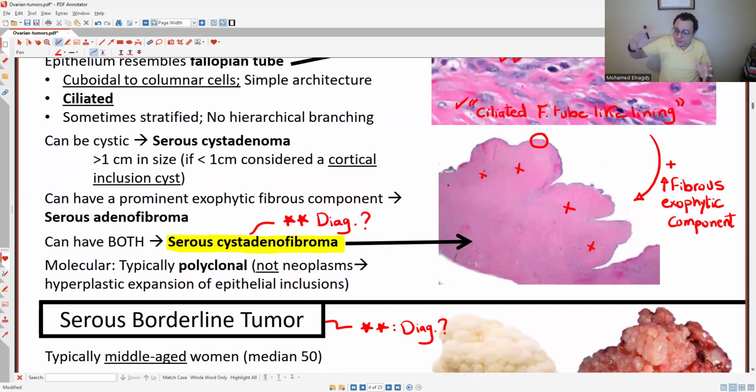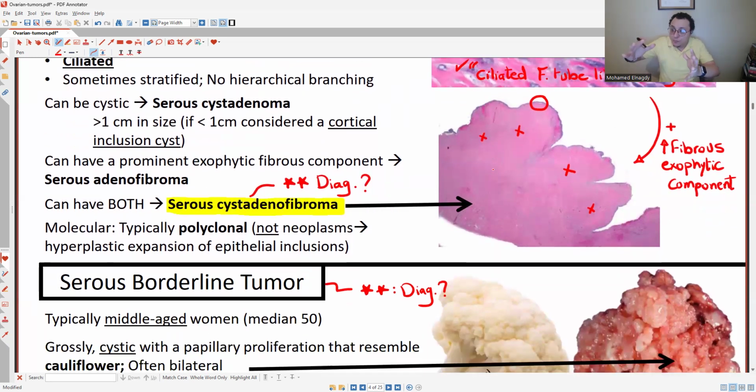The stroma is expanded a little bit, with extensive fibrous exophytic stroma making finger-like stromal fronds. However, the lining of the tube is not expanded. There is no stratification in the lining, nothing. The expansion is only in the stroma, in the fibrous component.